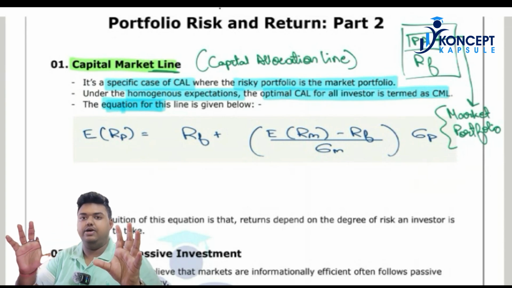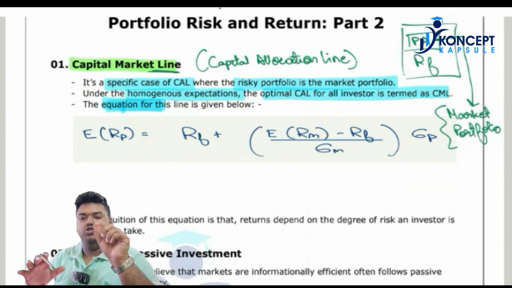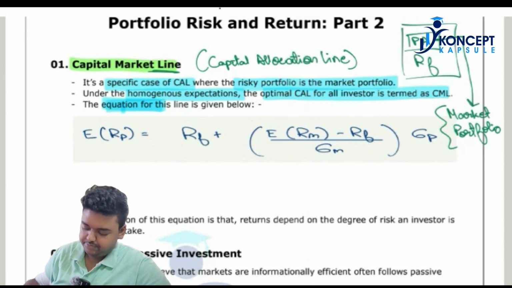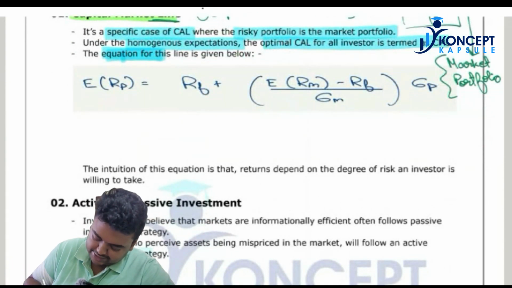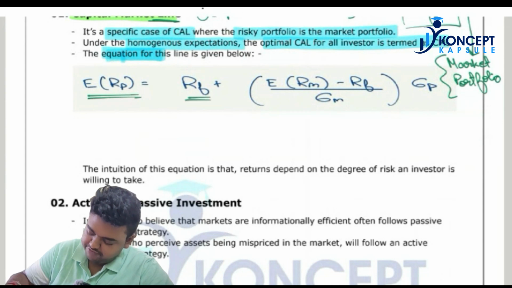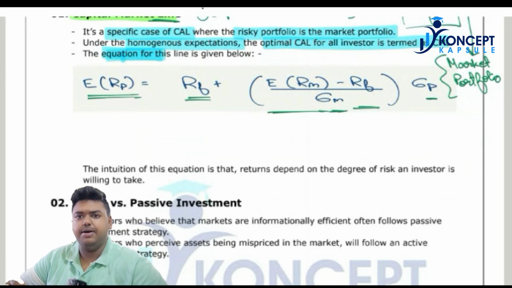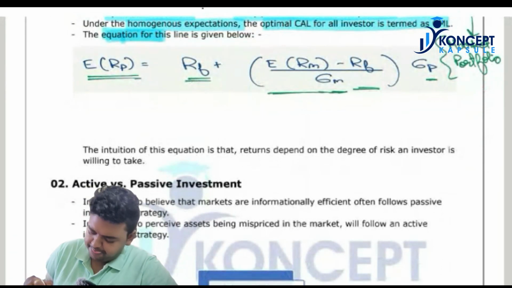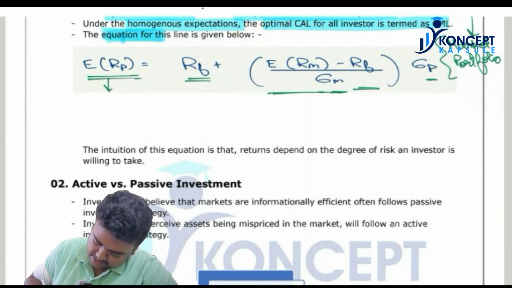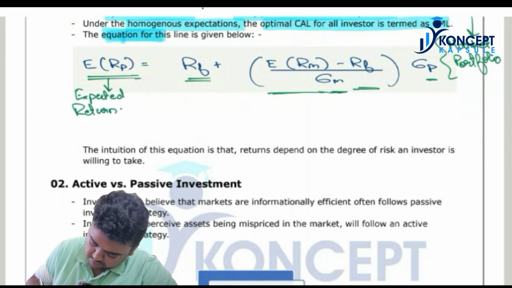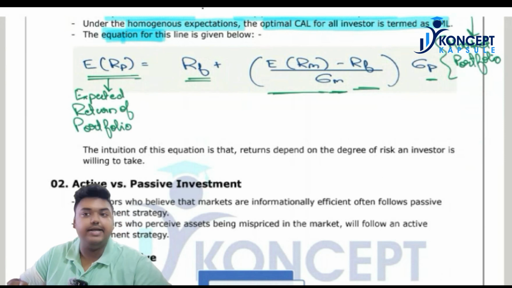Every line has an equation, so the capital market line also has an equation. It is given as ERP = RF + ((ERM − RF) / σM) × σP. Let us understand. ERP is the expected return of the portfolio.